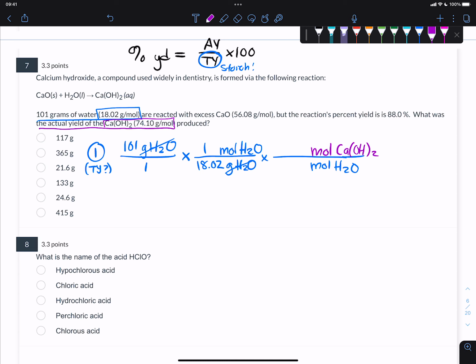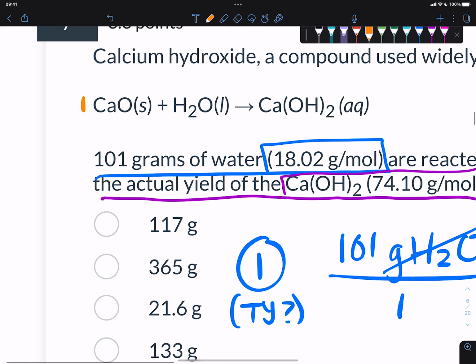Now, what's the relationship here? What do you do when you have moles over moles? Moles of something over moles of some other thing in your dimensional analysis. Really important that you recognize that when you have moles over moles, you got to use the balanced equation. This was already balanced, and it turns out that the coefficients in front of all of them is just 1. 1, 1, 1.